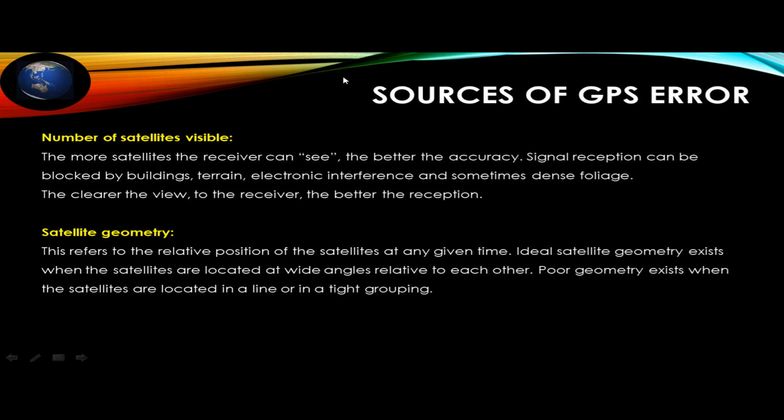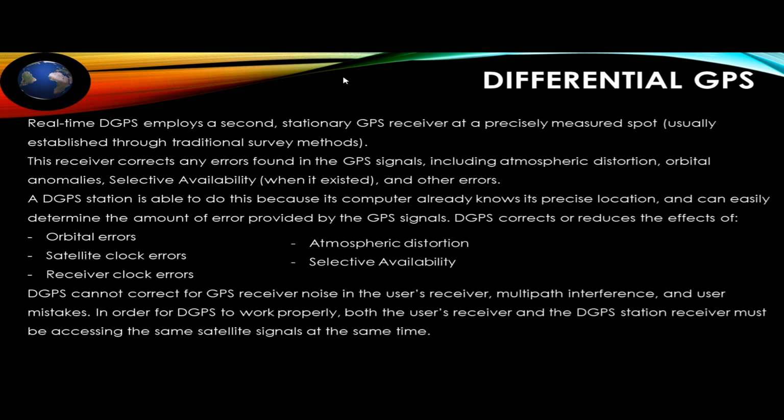There is a precise spacing, and they shouldn't group either, otherwise they can't give you more information. So spacing should be accurately maintained. Satellite geometry should be proper, then only you'll get the proper positioning or all four pieces of information, or else it is poor geometry. Tight grouping can form poor geometry.